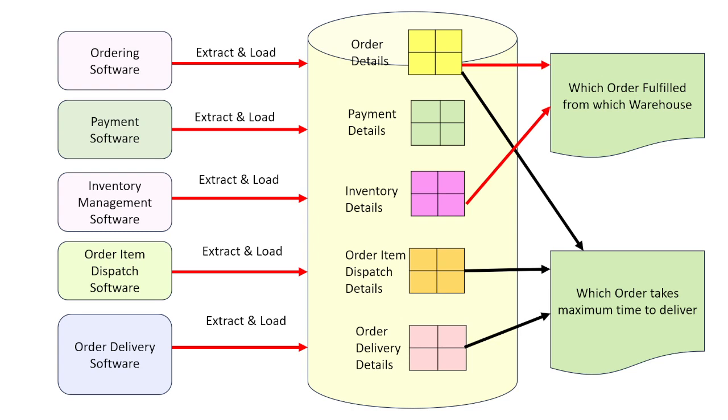Now, just to extend the thought, I have given a sample use case example. This is an example of an e-retail system like Amazon. If you see on the left-hand side, these are all transactional software like ordering software, payment software, inventory management, right? Order item dispatch and order delivery.